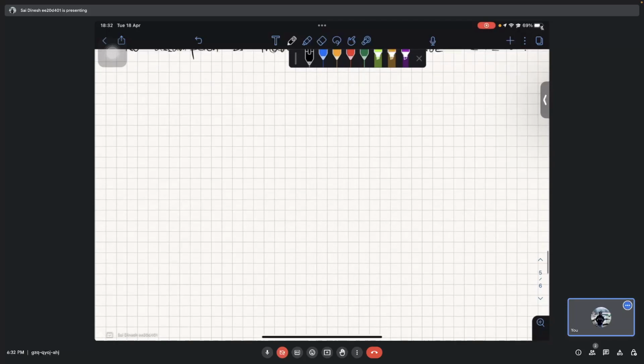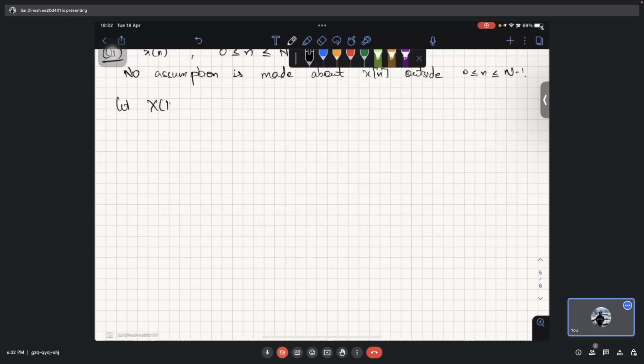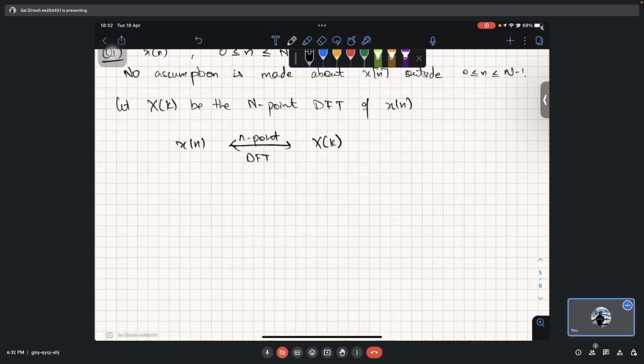Now let X of k be the N-point DFT of x of n, which means x of n and X of k are an N-point DFT pair. So the inverse N-point DFT of X of k is periodic with period N. Is it true or false?